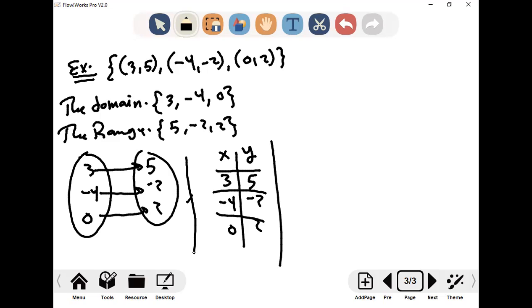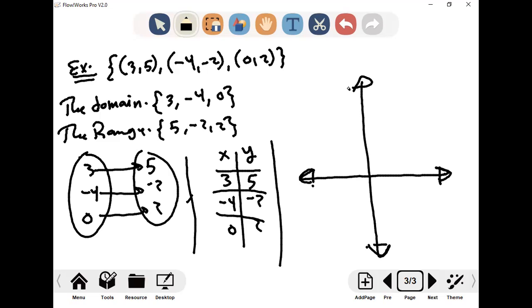To graph, you make your own coordinate plane. Here x and here what? We took that before. Now this coordinate plane should cover all of the numbers in your relation, right? That means the biggest number, positive or negative, is what?